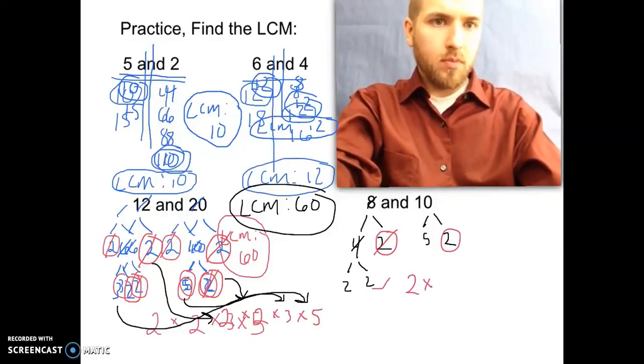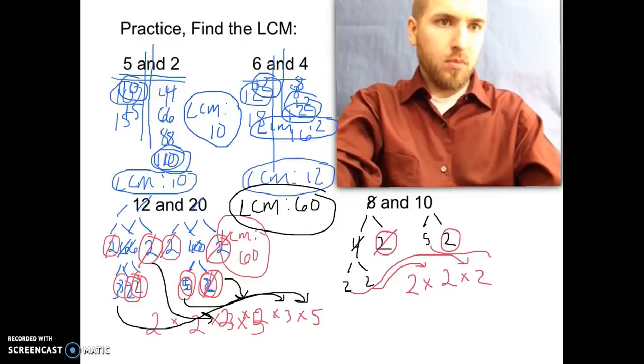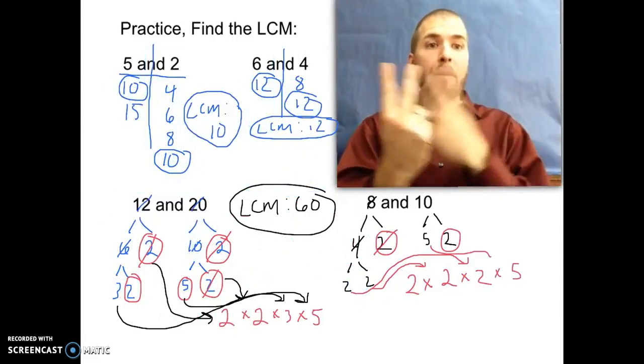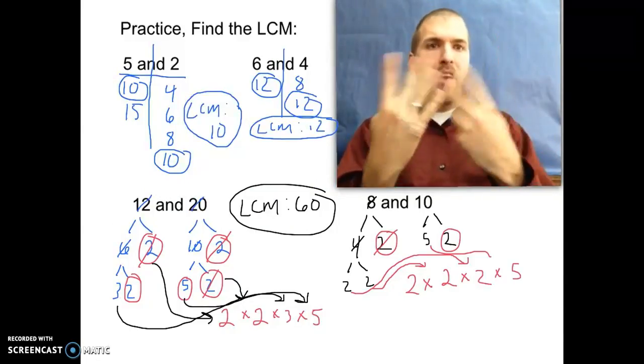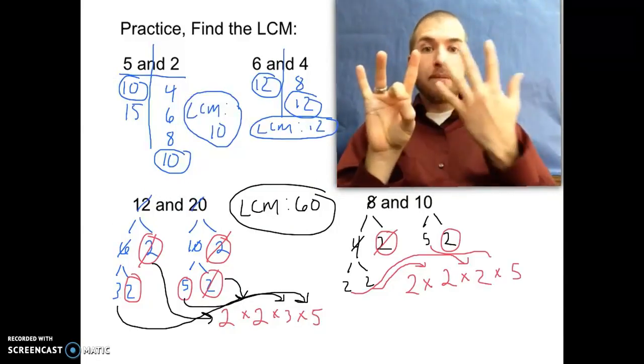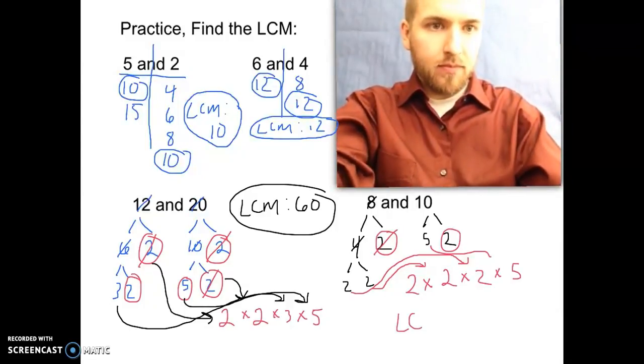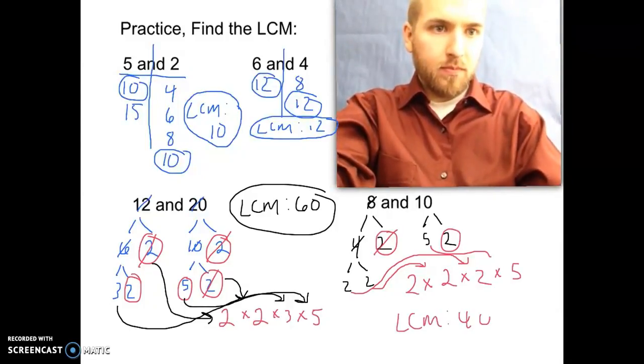So we'll have 2 times another 2 from the 8, and another 2 from the 8, and then the 5 from the 10. So multiply 2 times 2 is 4, times 2 is 8, times 5 is 40. So our least common multiple is 40.